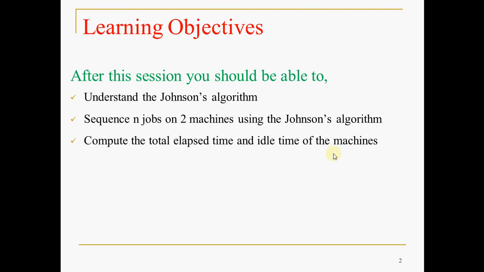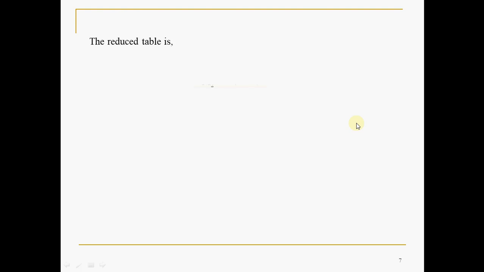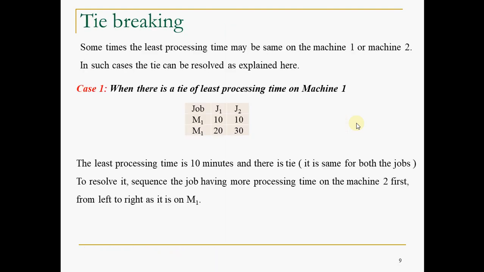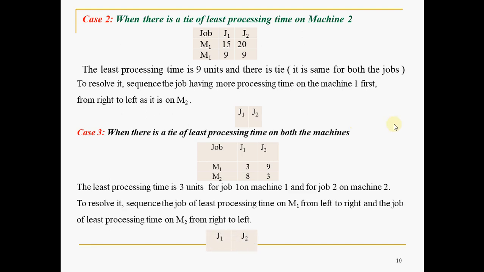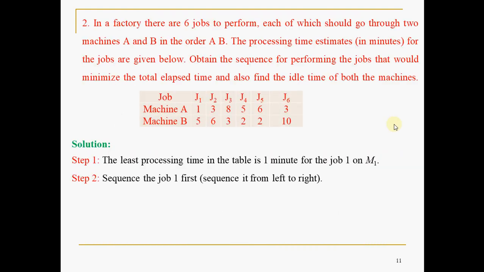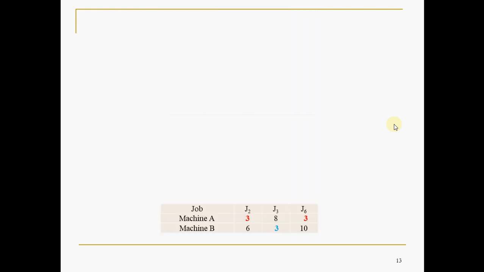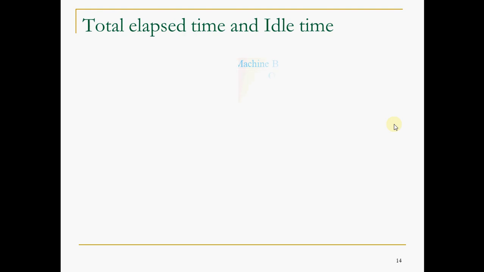Of course, we also discussed the special cases, when there is a tie of least processing time, and how to resolve it. So this is about the second type of sequencing, n jobs on 2 machines, for which I have used a procedure known as Johnson's algorithm.